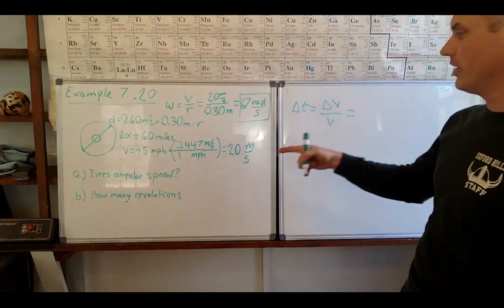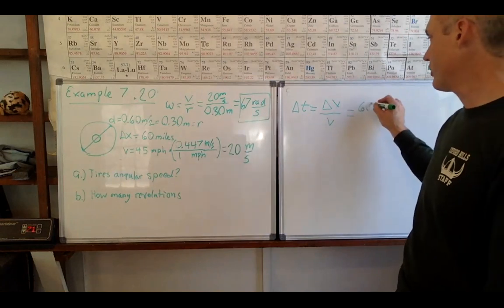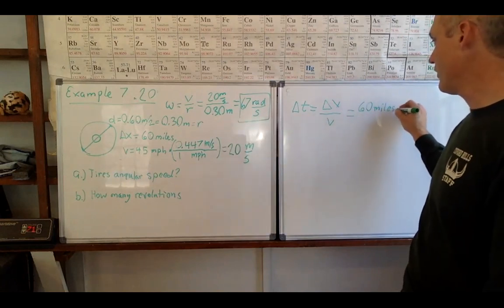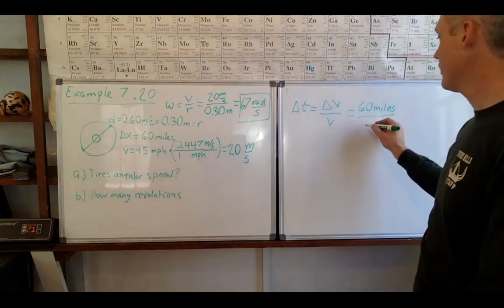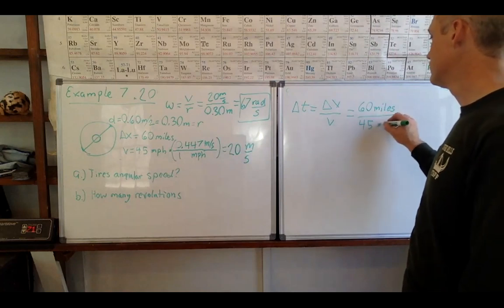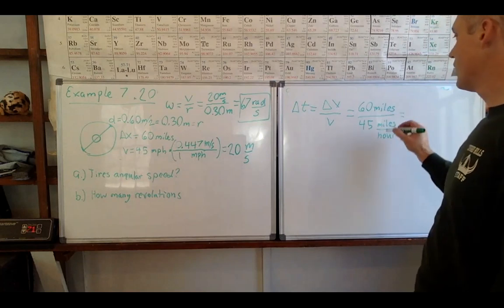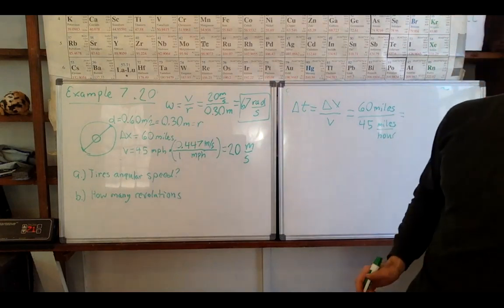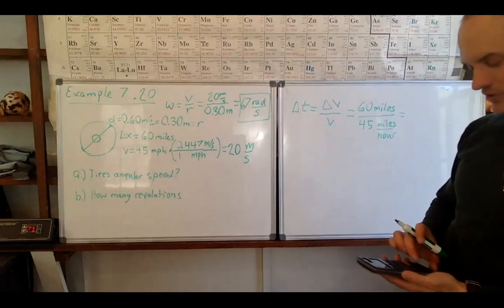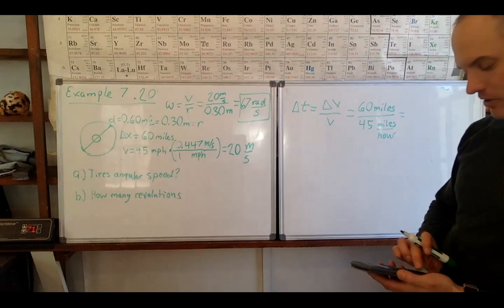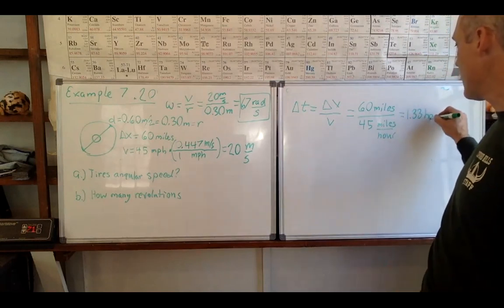I'm going to cheat a little bit because we actually do have the distance traveled in miles. And if we use our velocity in miles per hour, miles will cancel out, and it will tell us our time in hours, which we can convert pretty easily. So that's 1.33 hours.